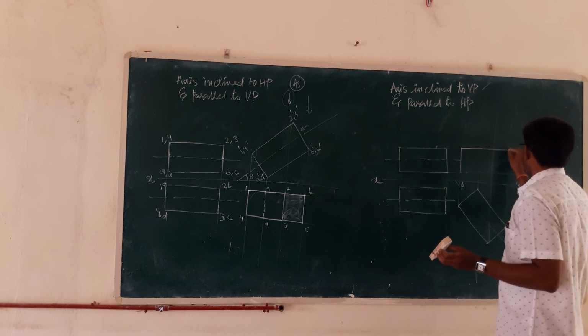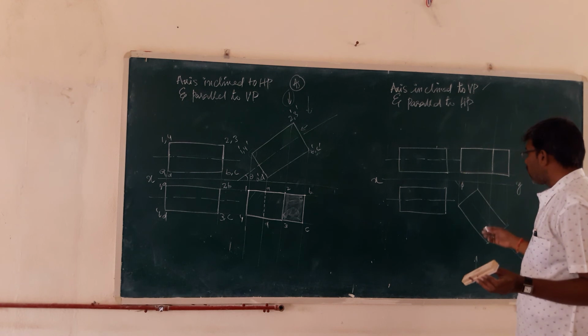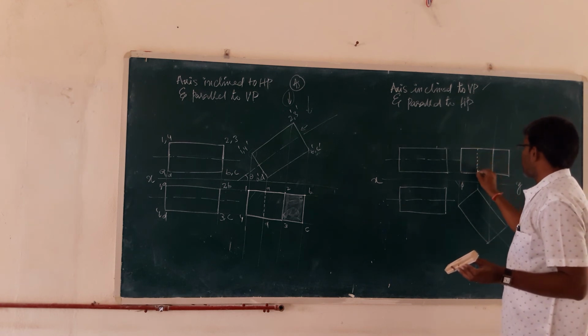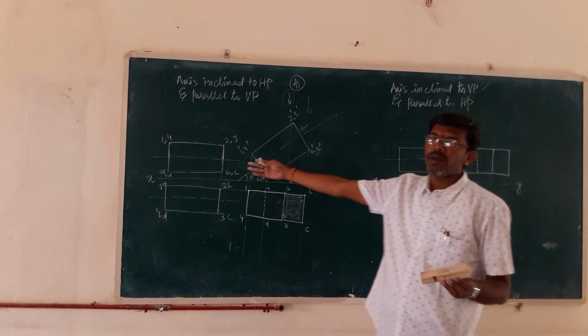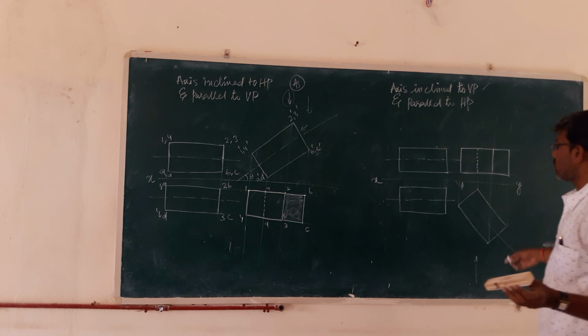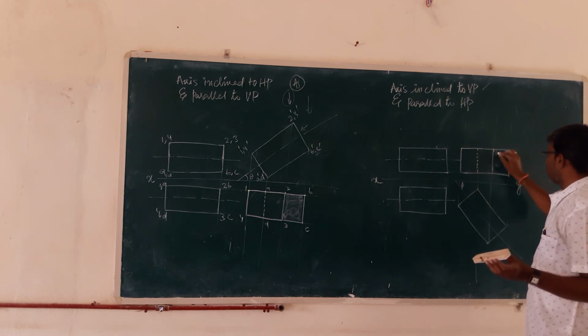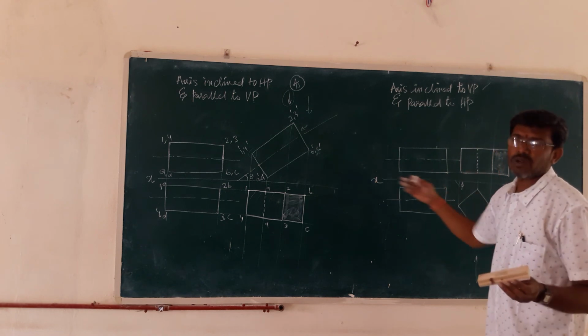So now I'll completely draw the line. And which one is invisible? This particular part is invisible. So give the naming as usual, like this, so that you will get the points. So this is the shortest surface that you can see visualizing the front view. So simply this is vice versa.